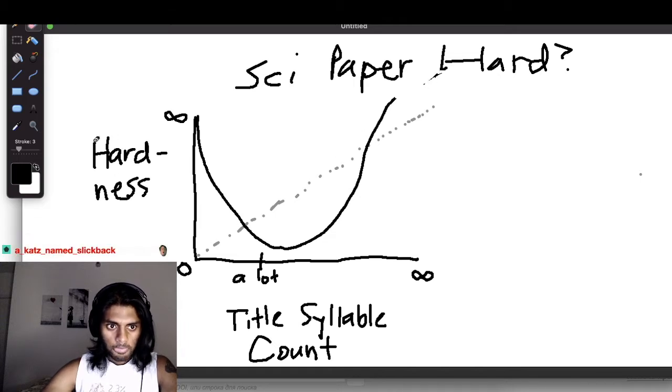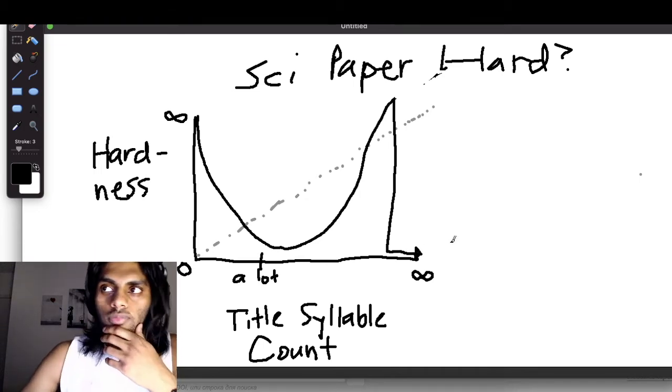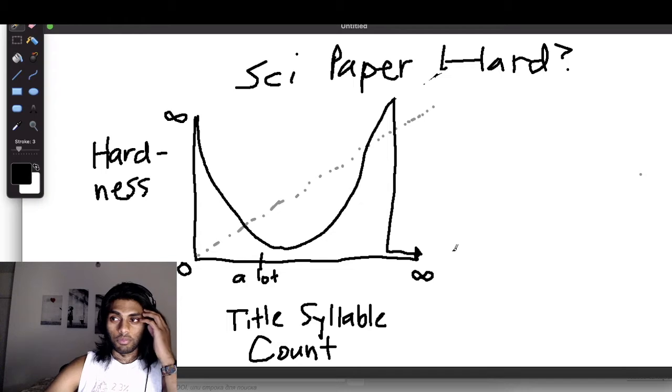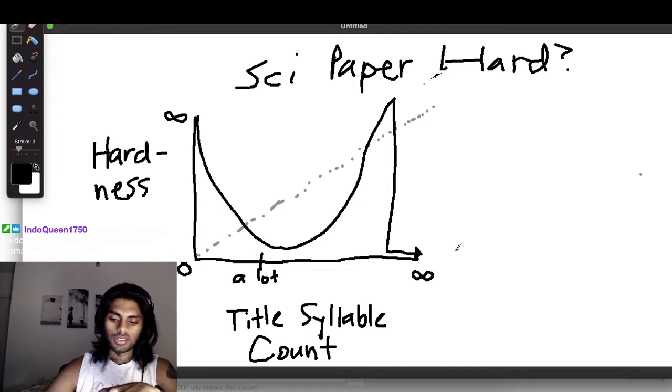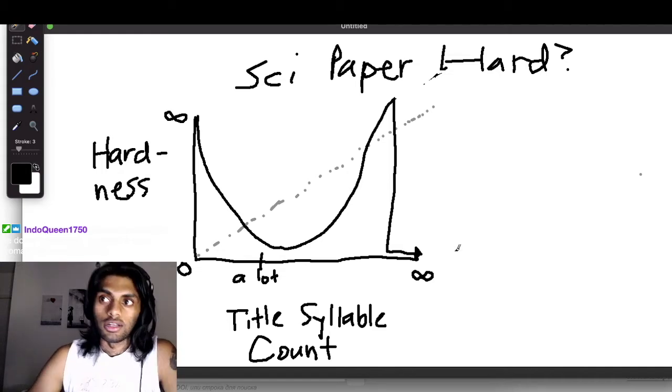And actually, the reality of the situation is it's like, boom, pretend that's a vertical line, and then extends to infinity. You can publish this in Nature, publish this in Science, publish it wherever you want, but this is the objective count on how difficult a paper is to read.